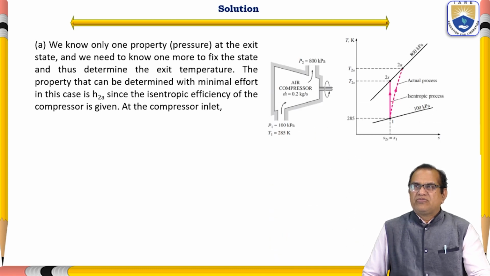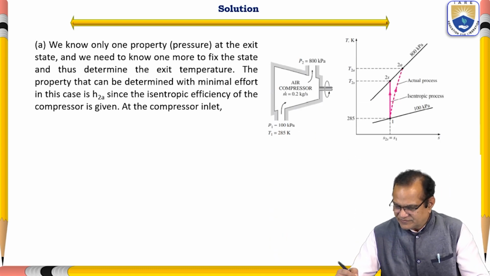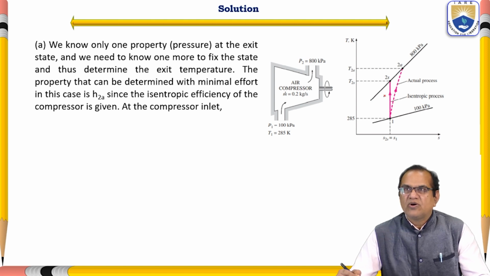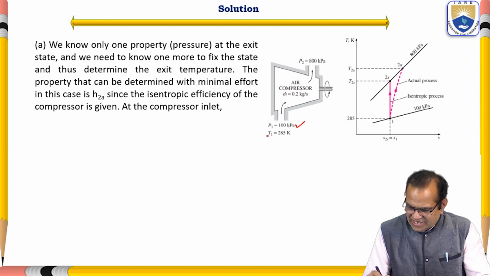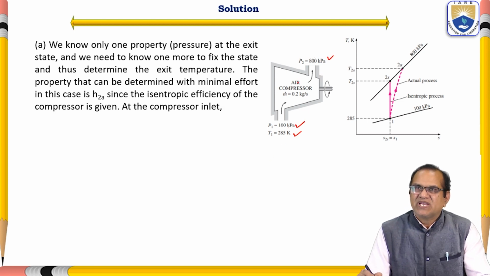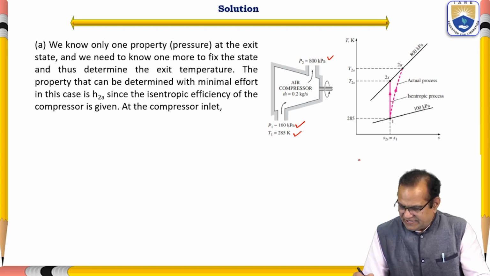So here P1 is given as 100 kilopascal, T1 is given, P2 is given, and the air compressor mass rate m dot is given as 0.2 kg per second.